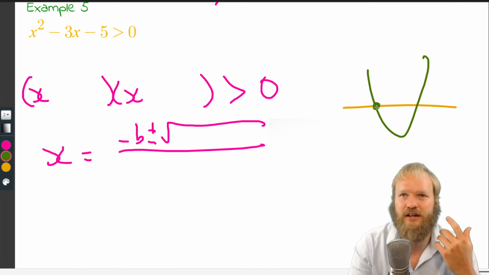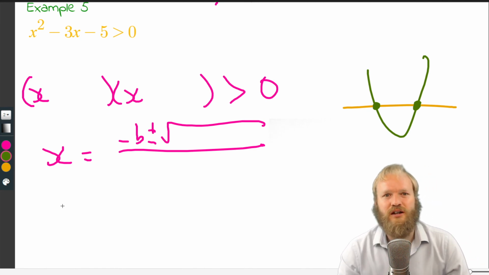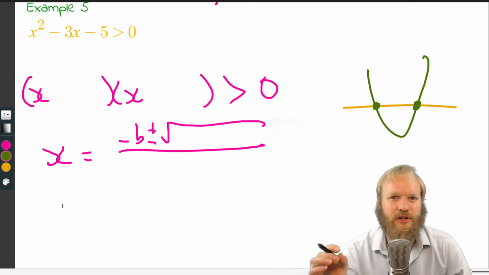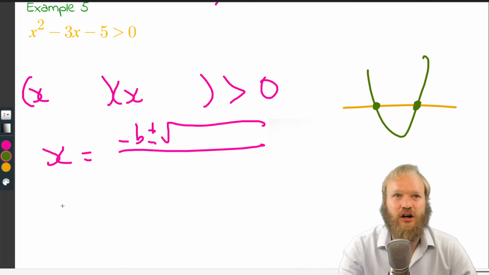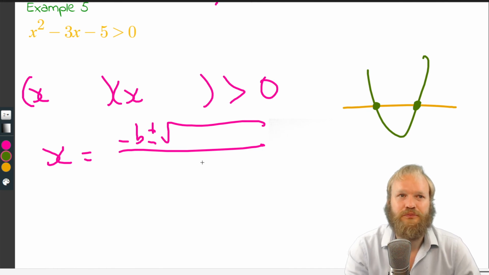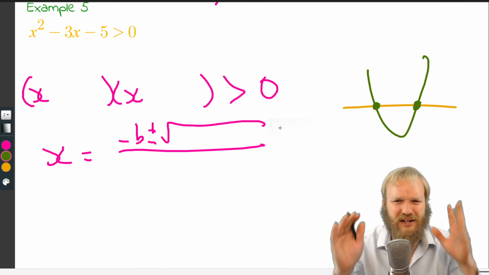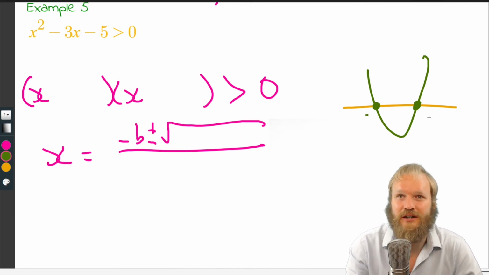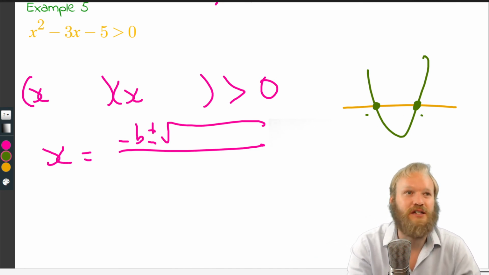You'll still have your 2 roots, but they're not going to be nice integers. They'll just be different types of numbers, but the logic still stays the same.